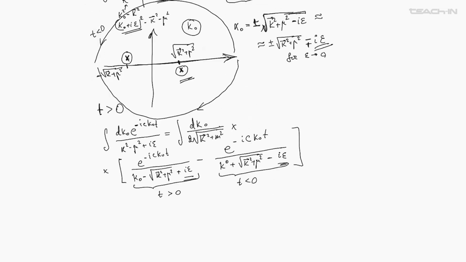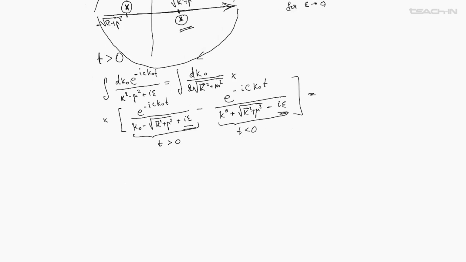And therefore, there will be a non-trivial contribution from it. So this means that now I can evaluate this integral by using the Cauchy residue theorem, 2 pi i divided by 2 square root of k squared plus mu squared. Then the contribution of the first term will happen when t is positive, and the first term contributes as minus exponential minus i square root of k squared plus mu squared multiplied by t.